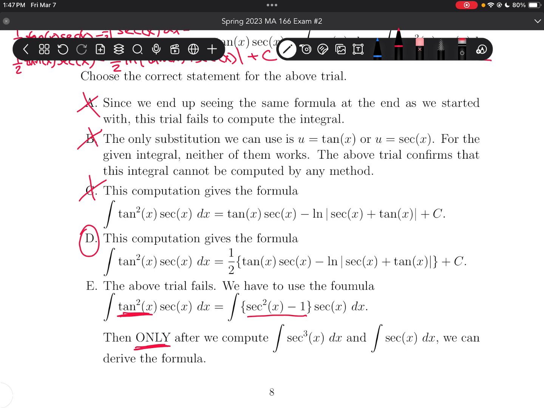So what they do is a valid method. However, again, we did calculate the right answer, so that means that E is also false, because this is not the only way we can calculate this integral. So yes, that is why D is the correct answer.